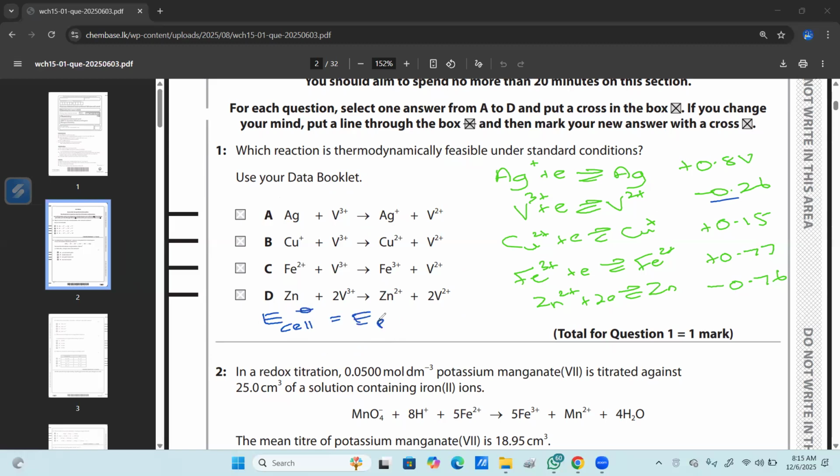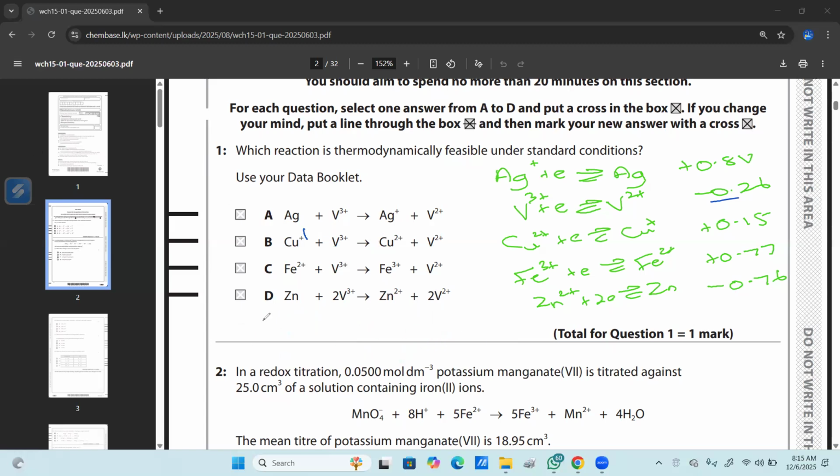Then I'll apply the same equation for the second reaction. Here we can see vanadium undergoes reduction, copper undergoes oxidation. So reduction is minus 0.26, copper is 0.15. Here also you can see the overall answer has a negative value, so that is also not feasible.